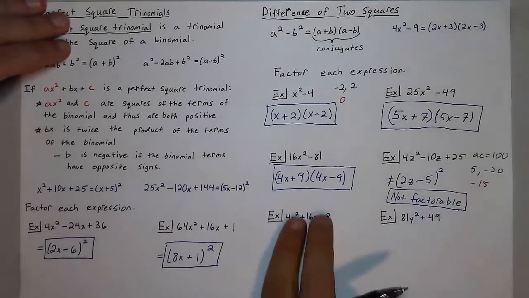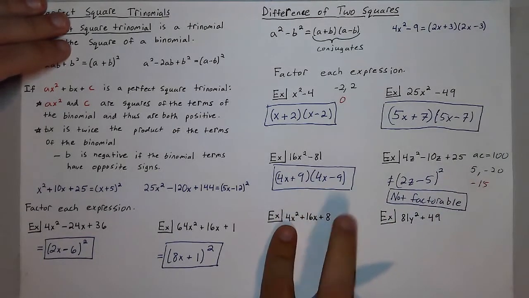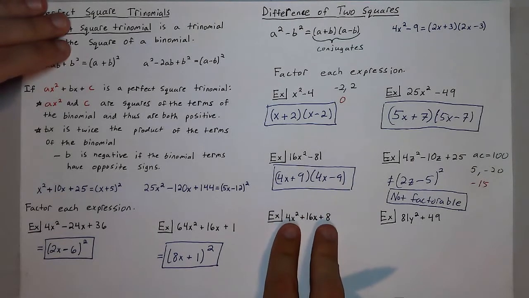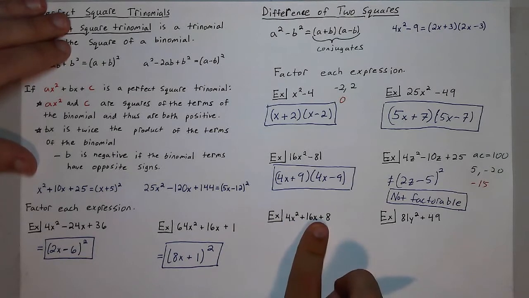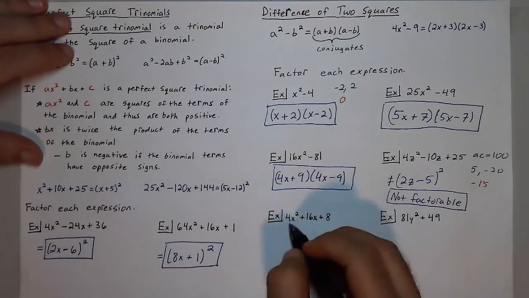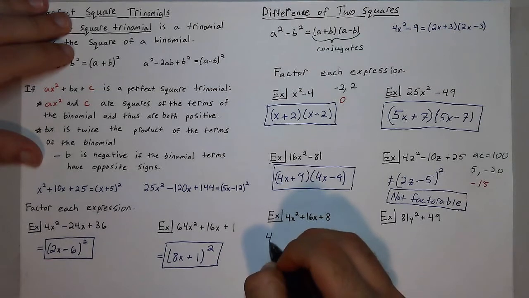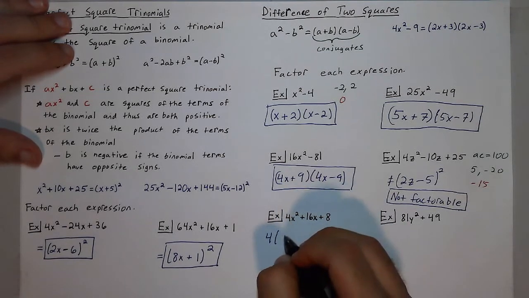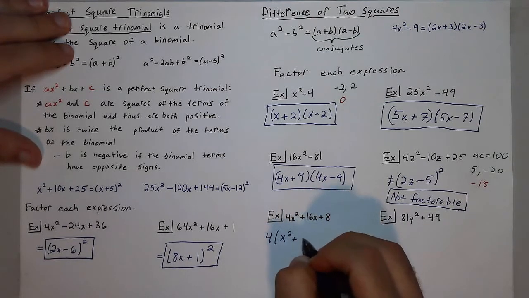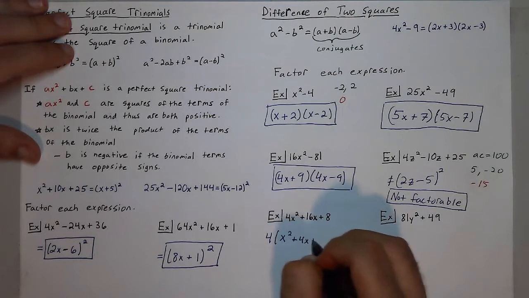Now, sometimes you may be misled. You'll see here you have 4x squared, but you have 8 at the end. So this is not a perfect square trinomial, but they do all have a common factor. So I could go ahead and factor out that 4 they all have in common. So 4, divide everything by 4: x squared plus 4x plus 2.